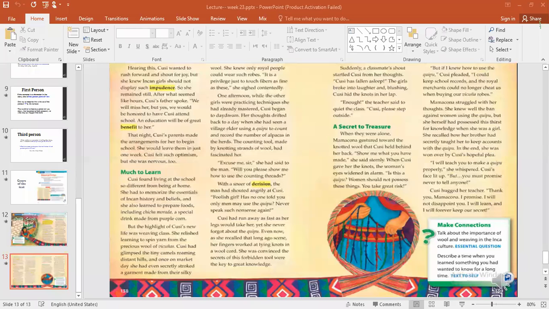So now Kusi got this tool. Women should not possess these things. You take a great risk. So she thought that women should not do this because these are their traditions and their beliefs, and that Kusi is taking a great risk in using this tool. Continue, Hassan.